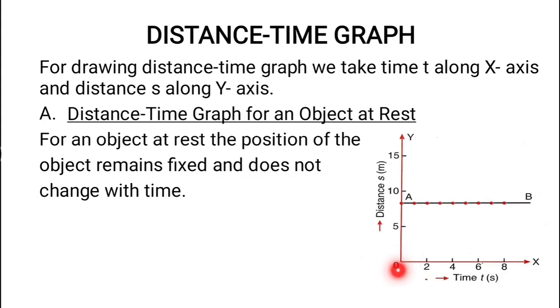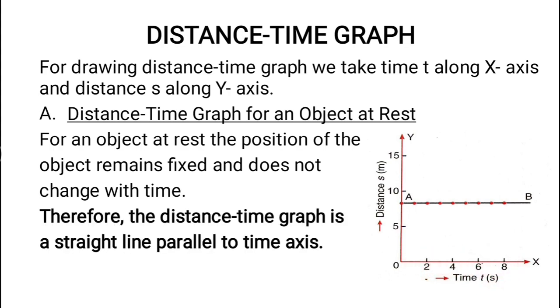You can see that O represents the reference point, and the object is situated at a distance of 8 meters, which is represented by A. So at t equals 0 seconds, it is at position A, and after some time at t equals 2 seconds, it is again at the same position of 8 meters, and after 4 seconds, means at 6 seconds, it is again at the same position of 8 meters. So joining all these points, we get a straight line which is parallel to the time axis.